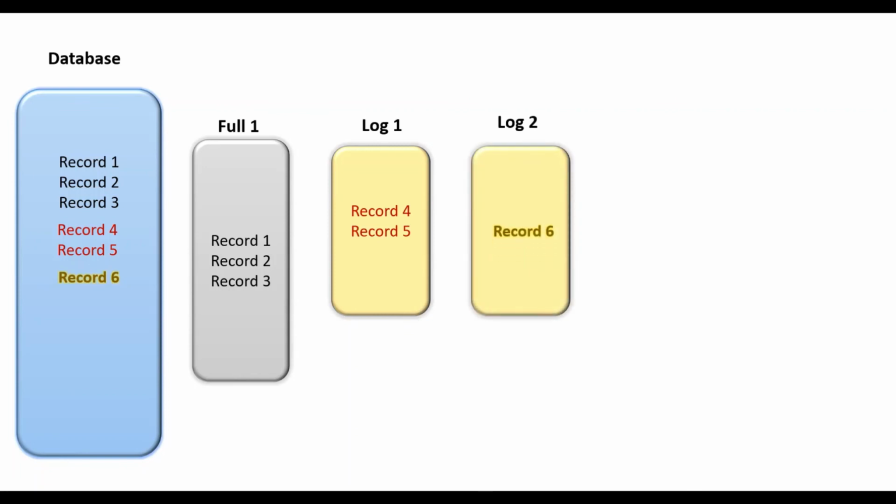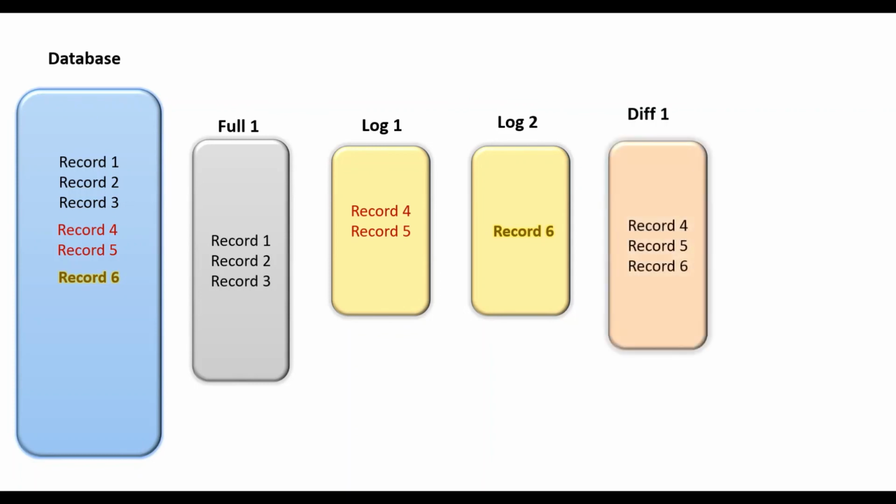Now I want to perform a differential backup. A differential backup will have all the modifications that have been done after the last full backup. So my differential backup will contain records 4, 5 and 6. Okay. Now let me insert 2 more records, and then I will take a log backup. So this log backup will contain those 2 records, record 7 and 8.